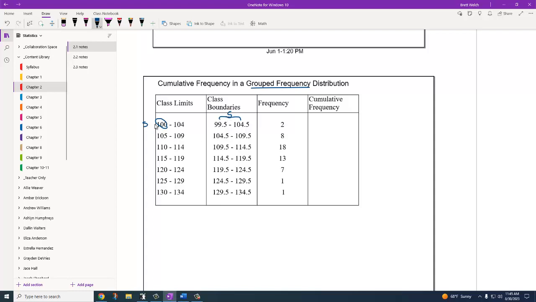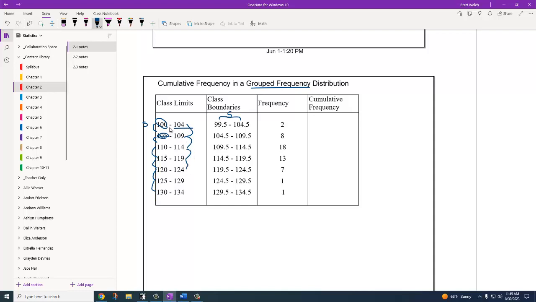A quick way to get this number is to just do the lower limit all the way down. I would just keep adding 5 to my low end, and then realize if this is 105 here, I had to be at 104 for my upper limit on the other. And then I can add 5. Okay, the adding 5 works on this vertical column.